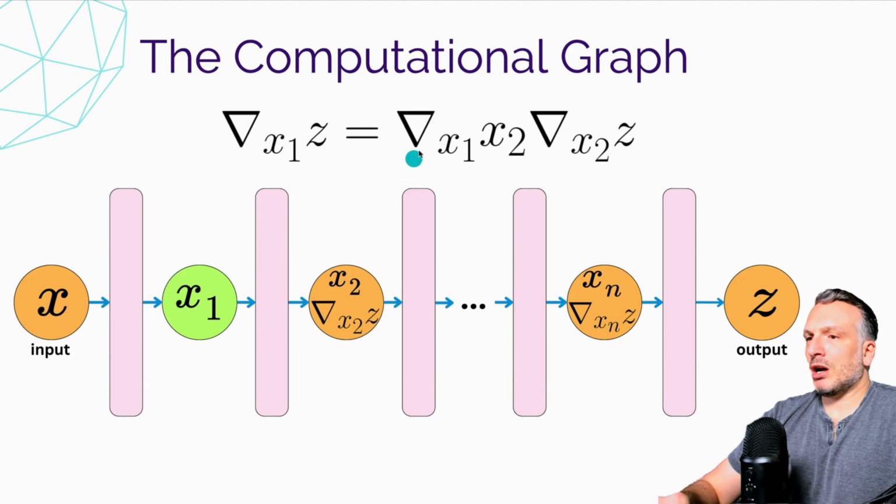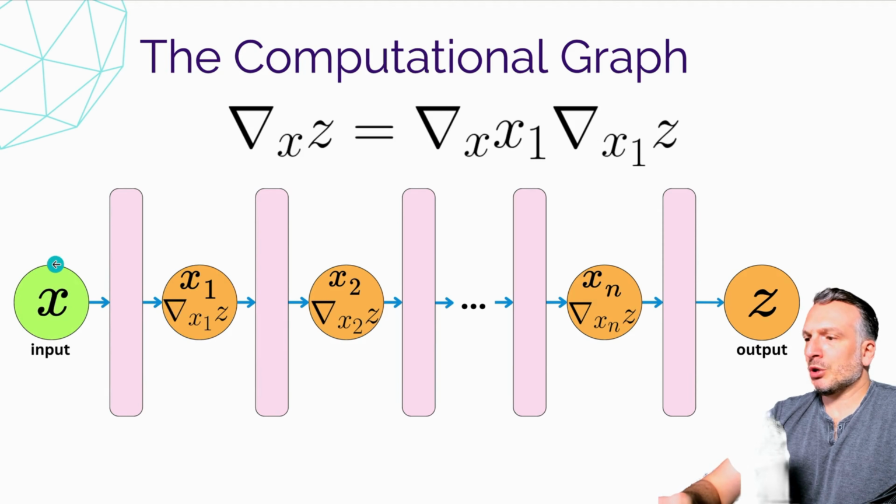And the gradient of x2 with respect to x1, I can simply compute it by backpropagating the gradients through the computational graph of this computational block. And I can, like we did before, compute this simple gradient. Now, this gradient ends up to be a simple product, and I can store this gradient in the node x1.